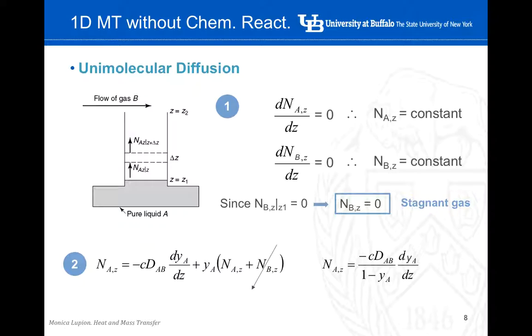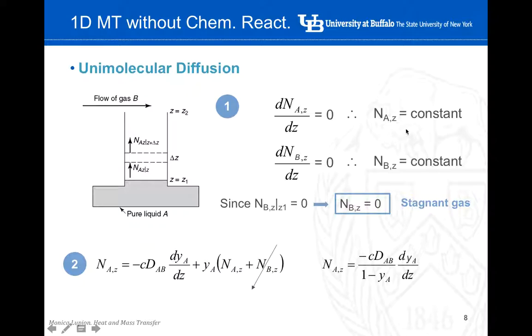Let's apply the two equations that I just mentioned. First, the general equation, and second, the Fick rate equation. If you remember from a few minutes ago, I mentioned that if there is no chemical reaction, if it's a steady state, and if it's only one dimension, then d of the molar flux over d zeta is equal to 0.